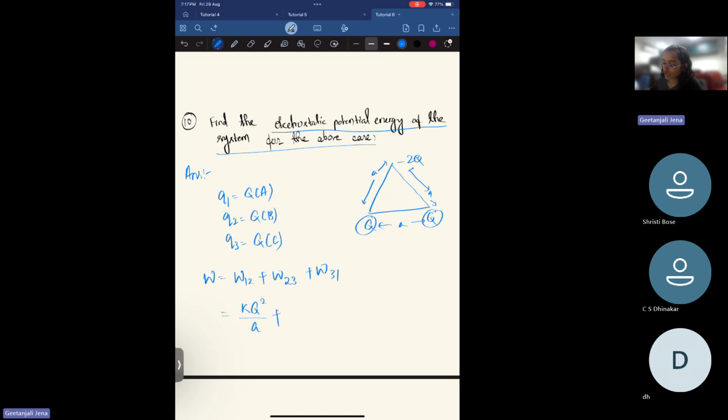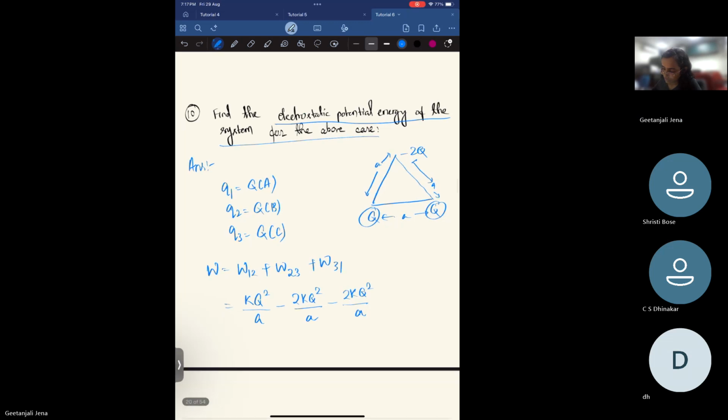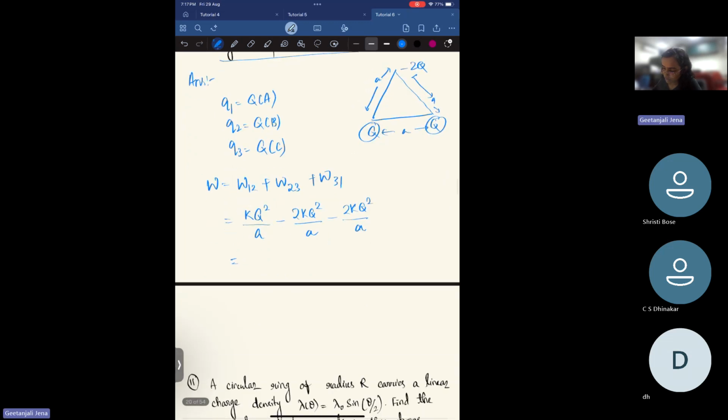For 2, 3, all the distances are a. So W23 will be minus 2K q squared by a, and W31 will also give minus 2K q squared by a. Here K is 1 by 4 pi epsilon naught.